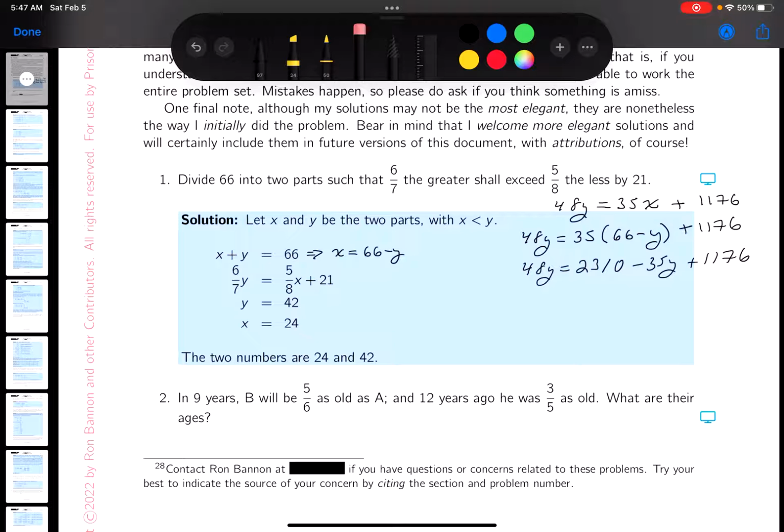All right, so what I'm going to do is add 35y to both sides. And if you did that, you're going to get 83y. Let me write this down for you. And I'm going to add 2310 to 1176. That gives 3486.